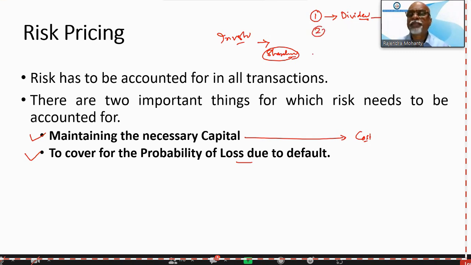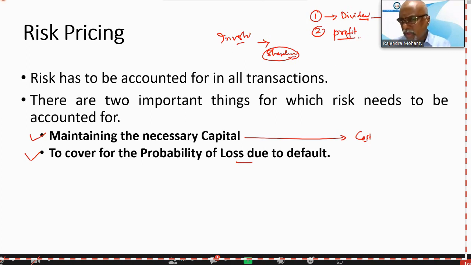The second thing is that after the capital is maintained, every year you have to strengthen the capital, add something to the capital. Where does that amount come from? That amount comes from the profit. You earn the profit, and profit is the source of strengthening or enhancing the capital. So internal generation of profit has to be there, which will show that your business is growing.